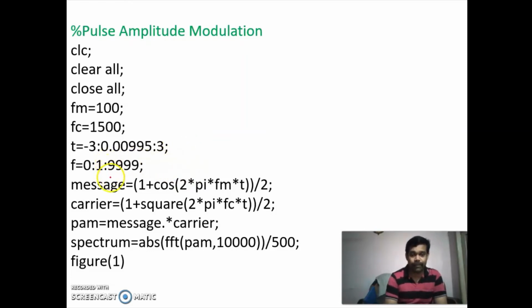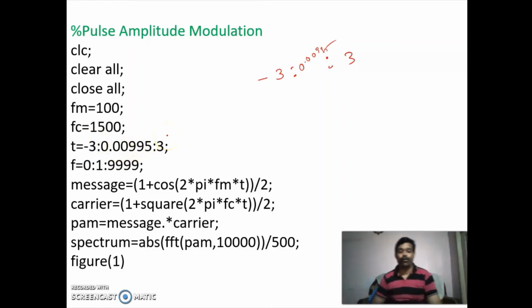Here you are using the colon operator. For the time axis, t, you are taking from -3 to +3 and the increment is 0.00995.